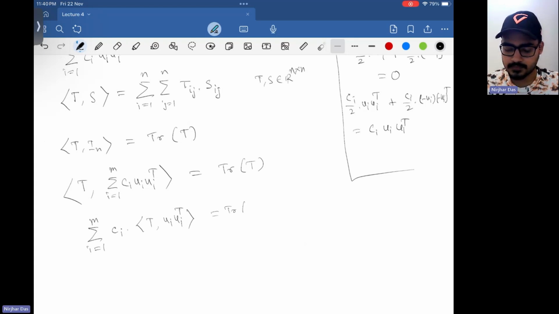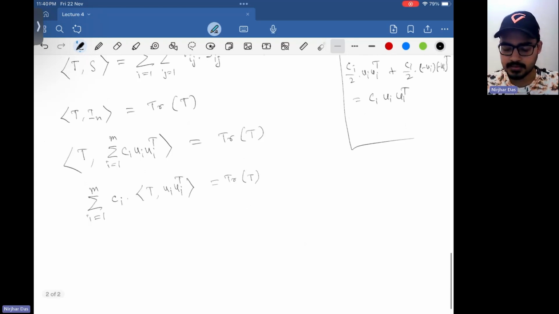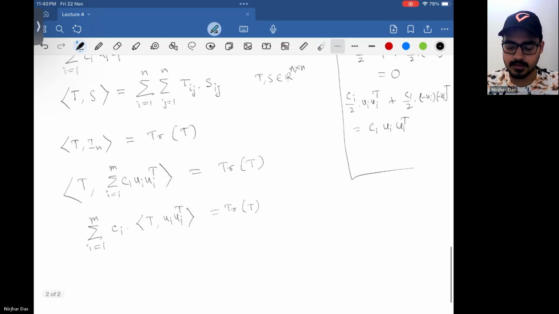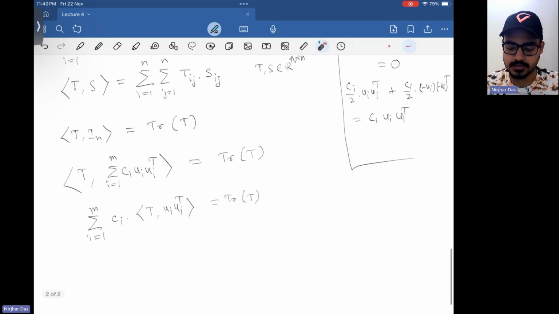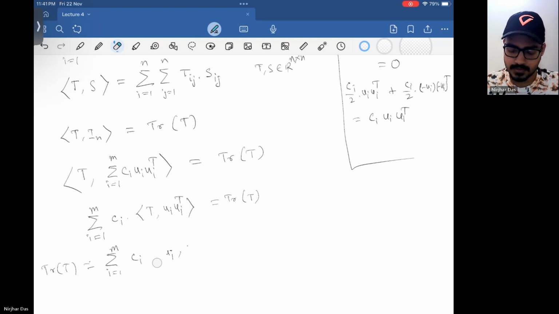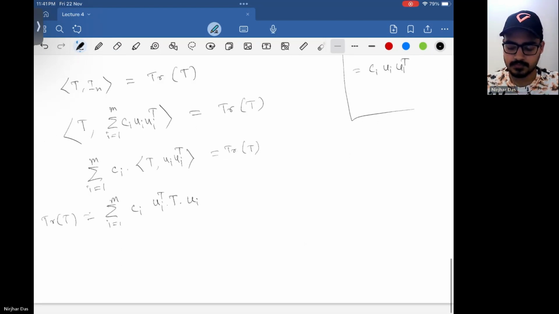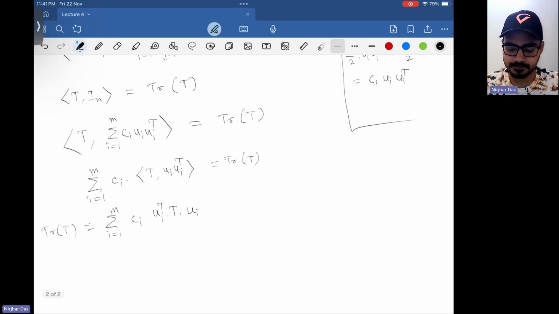This is equal to trace of T. And this inner product, by using some algebra and this definition, is nothing but Ci times the quadratic form ui transpose T times ui.